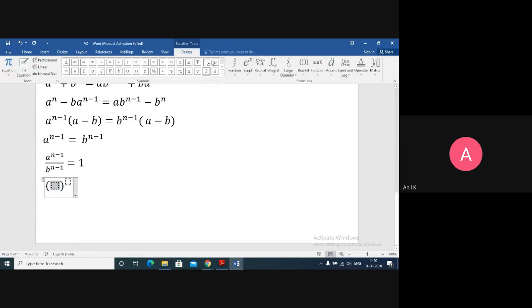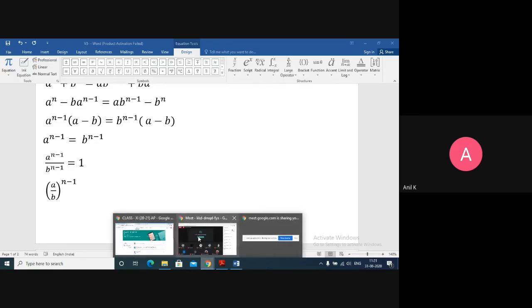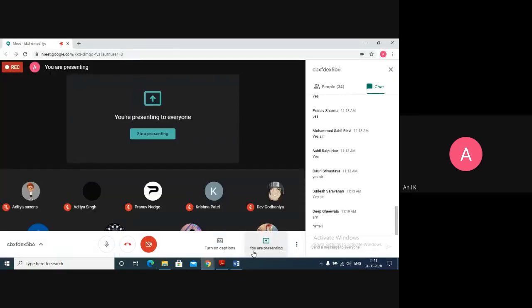So this I will rewrite as: I'll keep a here, here I'll write b, and here I'll write whole to the power of n minus 1. Right? a power m upon b power m is equal to a upon b whole to the power of m. Can we write?